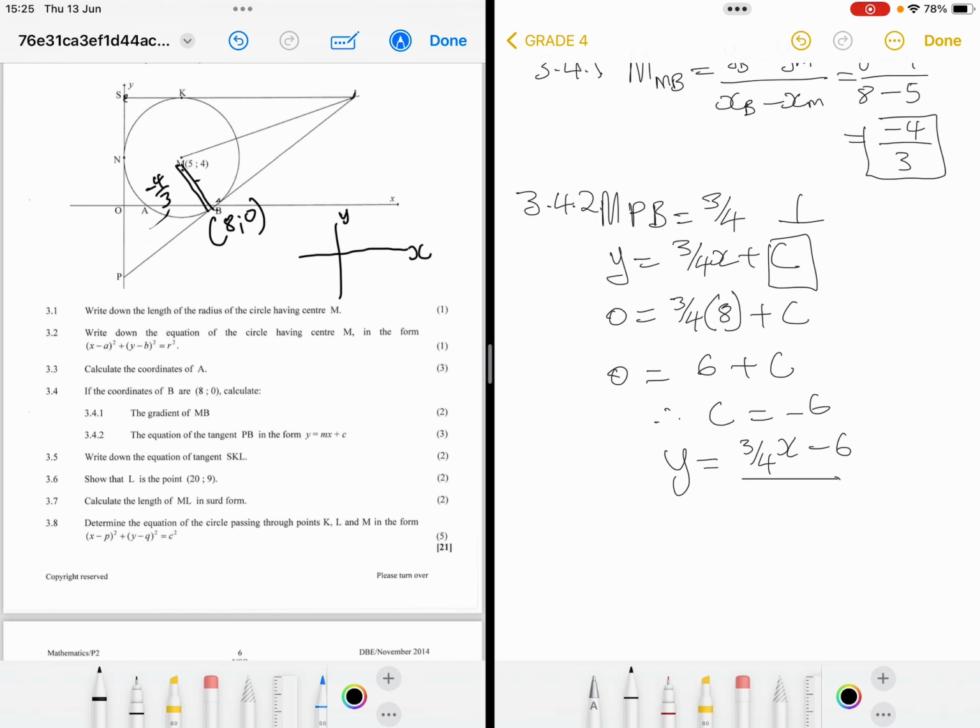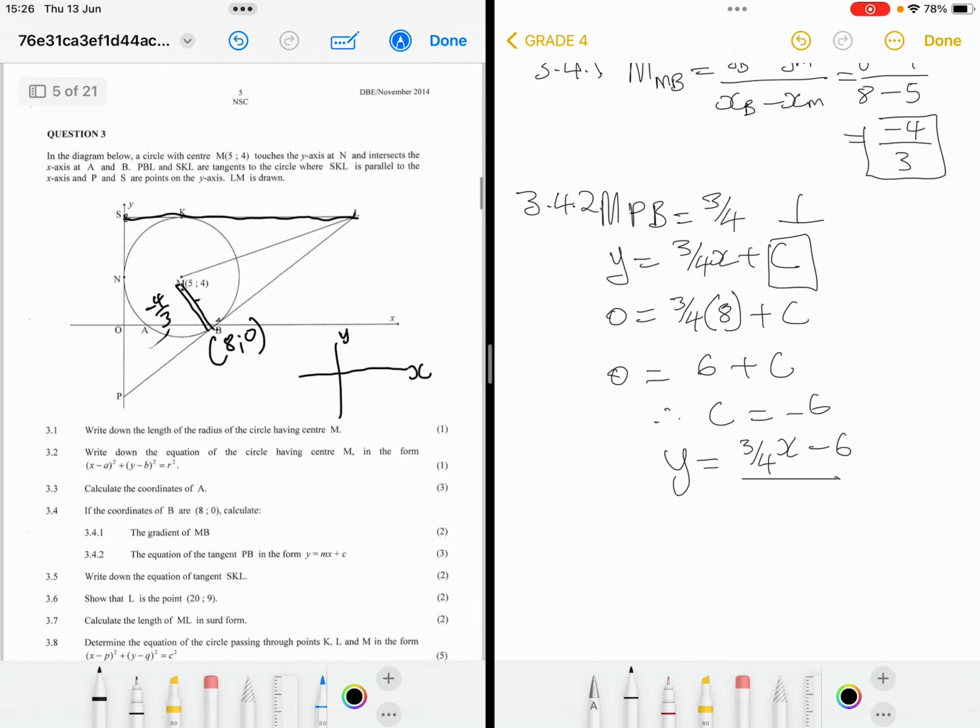I'm going to show you something. Look. SKL here is a straight line. You can see it's a straight line there.